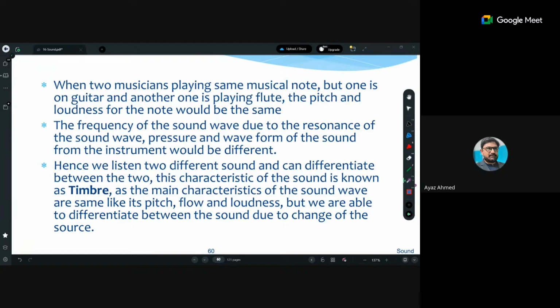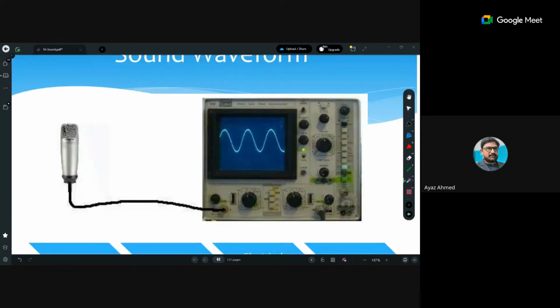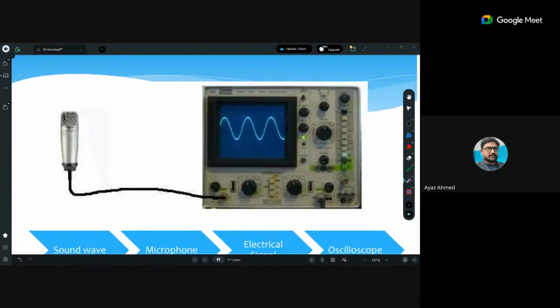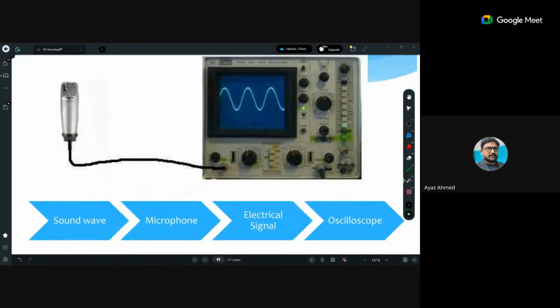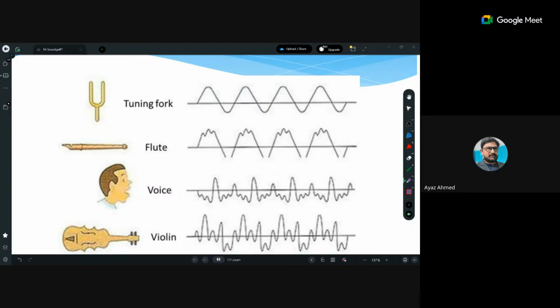Then, in the same way, if you have different instruments, those different instruments can have the same pitch and loudness, but they can have different wave shape, or they can produce different patterns of the sound wave. For example, if this is a mic and sound is produced with one of the instruments which provides you this type of wave, the other sound can be like this.